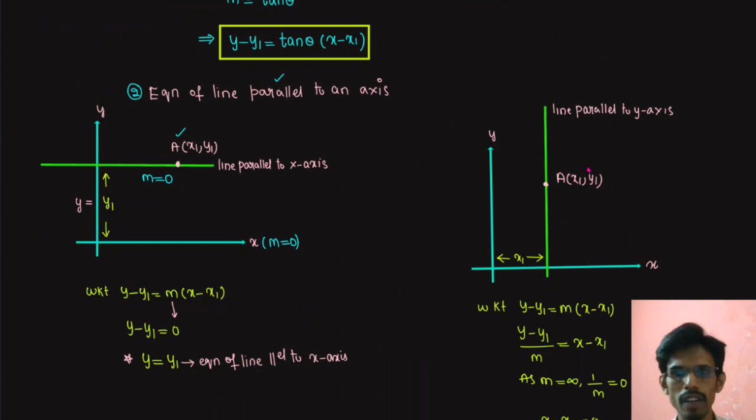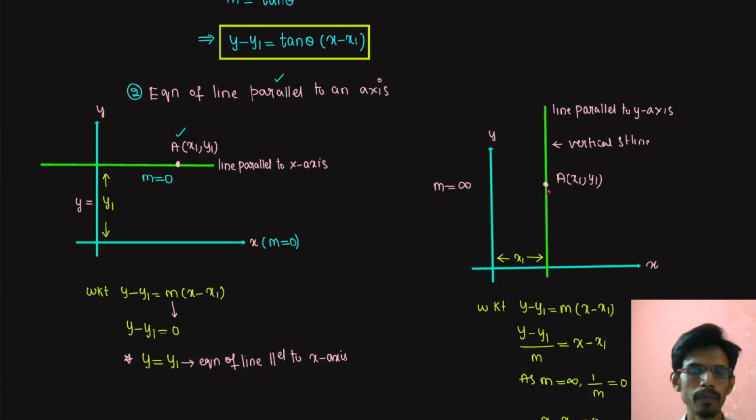Similarly, see here we have this vertical line, this is the vertical straight line. It is parallel to y axis. We know that y axis will have infinite slope. Now parallel lines have the same slope, so this vertical line will also have infinite slope. Now this line is passing through point A x1 comma y1.